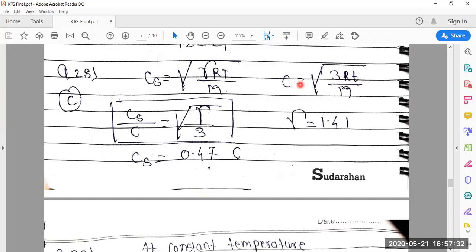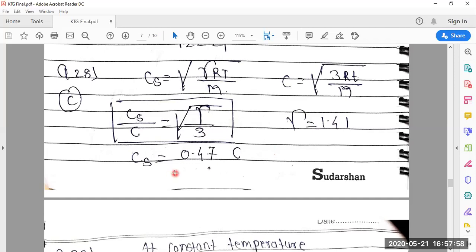We know the two equations, one for the velocity of sound, Cs, and the second for the RMS velocity. Just compare these two equations. Cs upon C, we get gamma by 3, where gamma is 1.4.